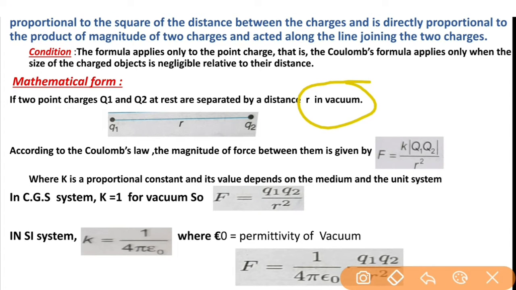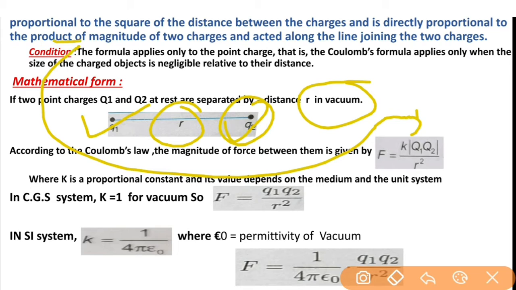According to Coulomb's law, the magnitude of the force is F equals k q1 q2 by r square. This formula we can get from Coulomb's law.